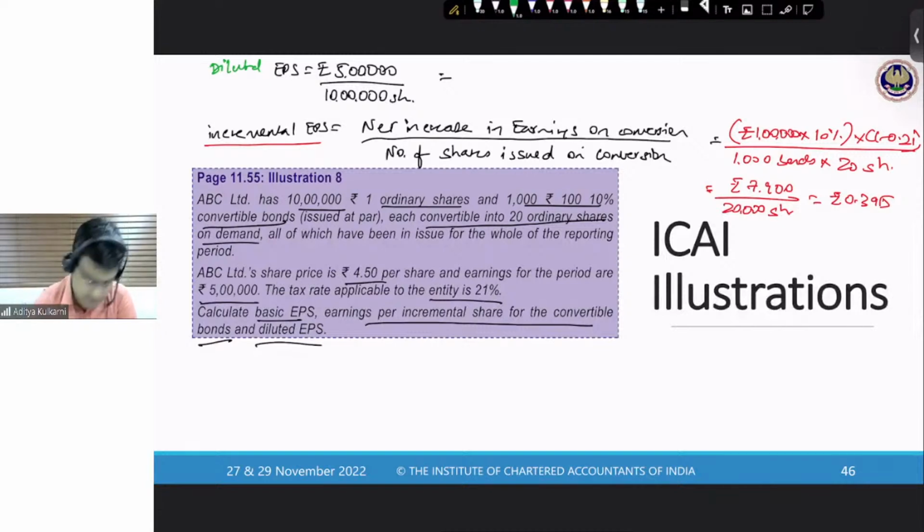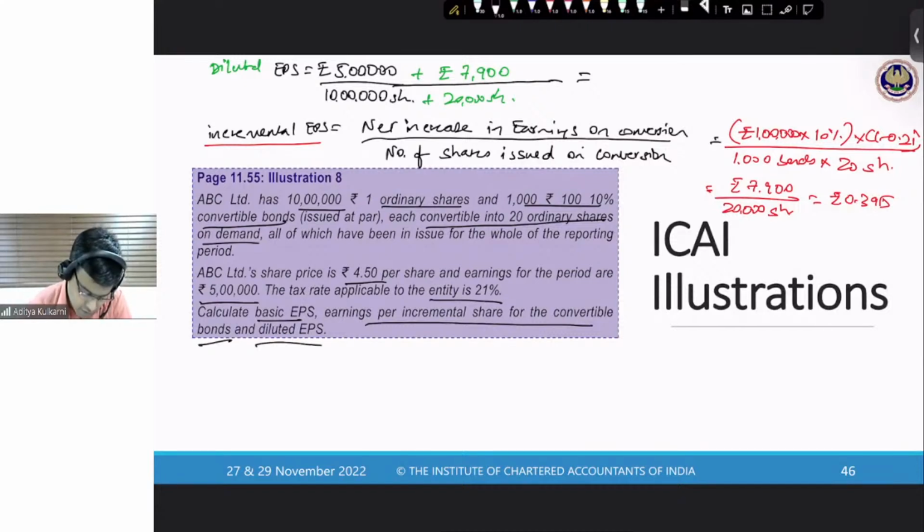Well, diluted EPS is nothing but take the basic EPS data, plus rupees 7,900 divided by plus 20,000 shares. So basically whatever is incremental, that only we are adding here.